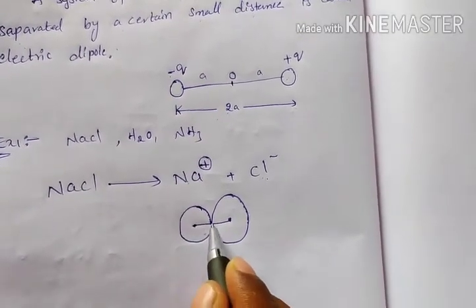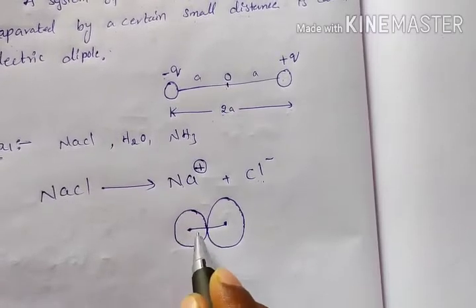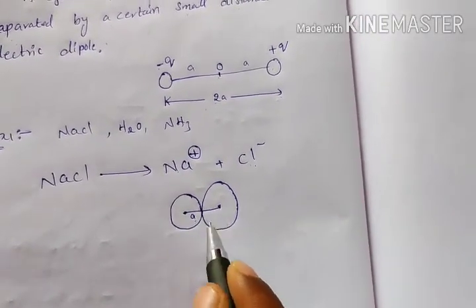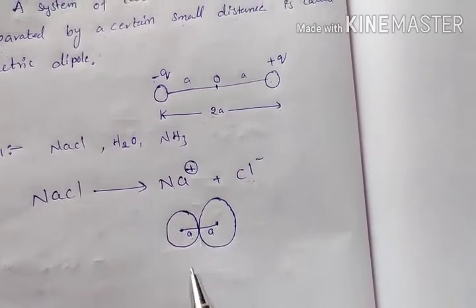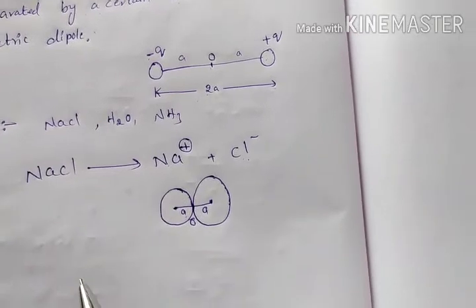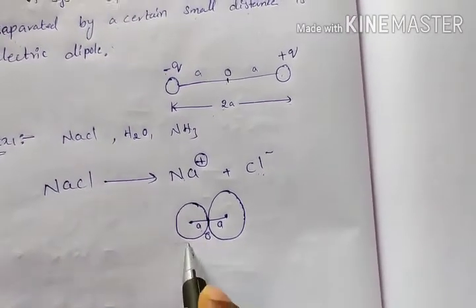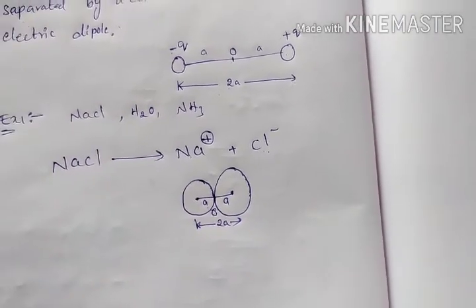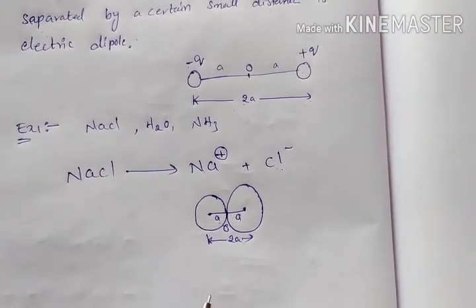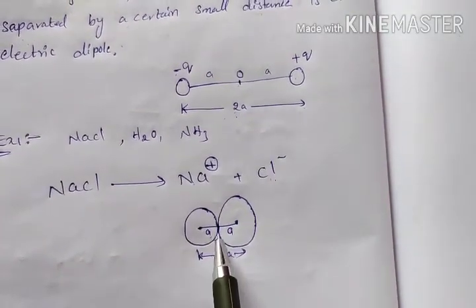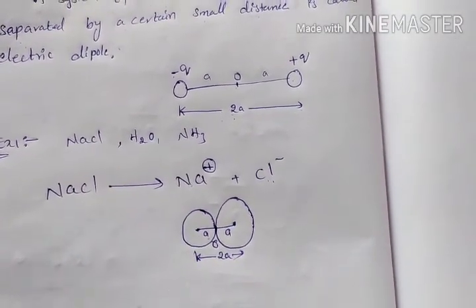From here to the center of the other atom is a, and similarly from here to the other atom's center is a, so this is the origin. I hope you understand. So the total effective dipole distance we take is 2a. This is one example.